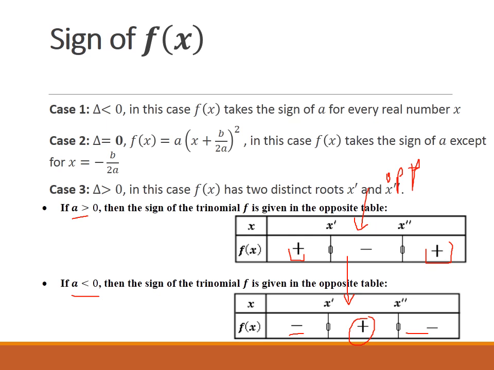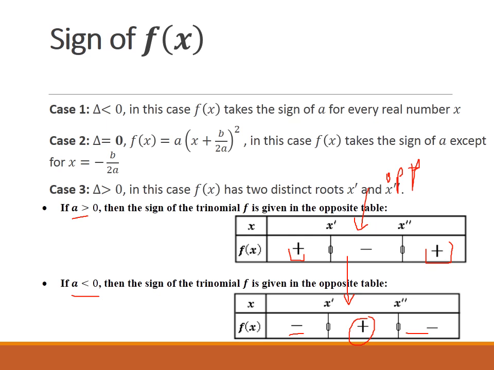Okay? So if delta is positive, then we have two cases. We have two roots, right? x1 and x2. If a is positive, then the sign is below. If a is negative, then the sign is below.